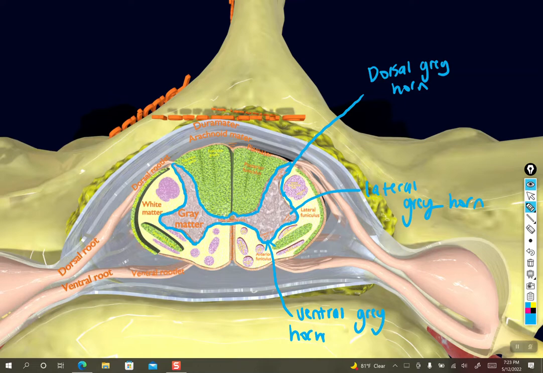So with regard to dorsal and ventral, of course, directional terms matter in general because we are striving always for clear and unambiguous medical communication. But there's another reason that it matters for the spinal cord, and that is because the spinal cord is divided spatially into incoming afferent information and outgoing efferent information.